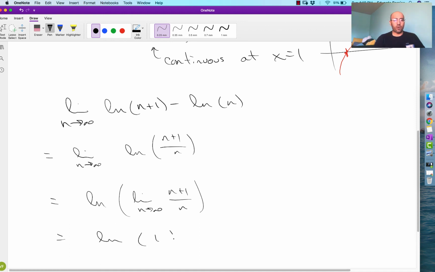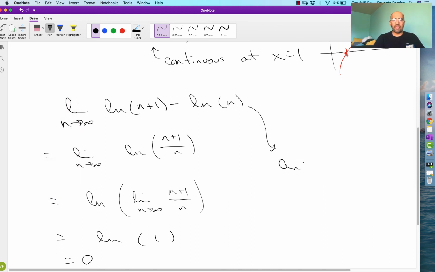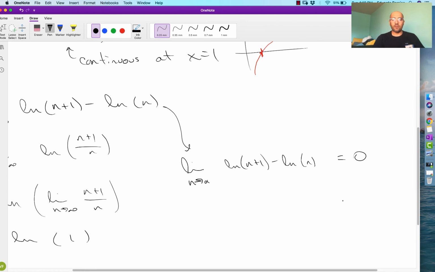It's equal to ln of 1, which is equal to 0. Okay, so then we could come back to our original. The original question was asking about this. And so we could say that the limit as n goes to infinity of ln of n plus 1 minus ln of n equals 0. So it converges.